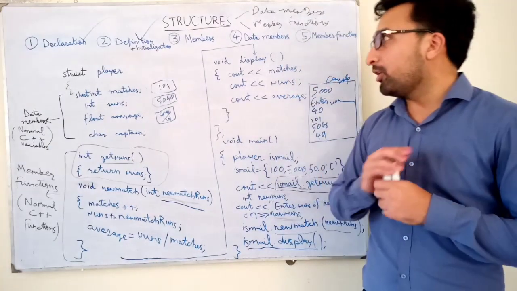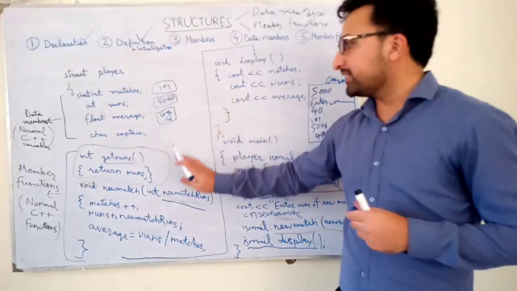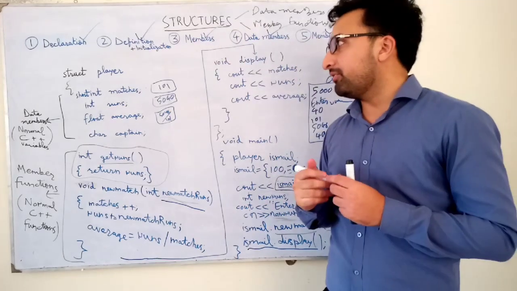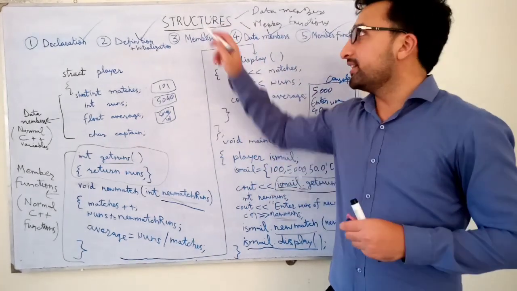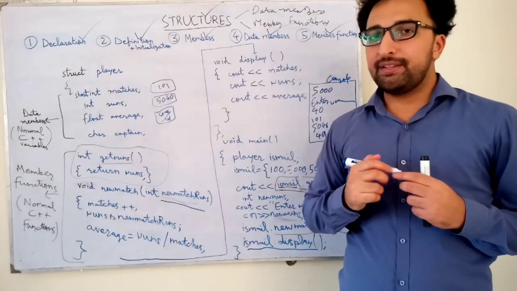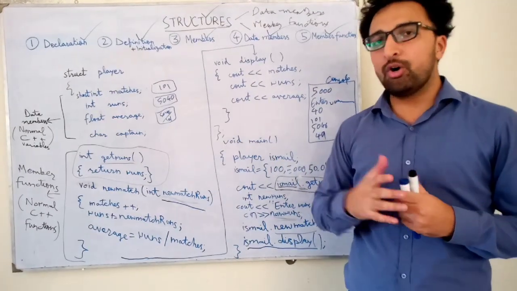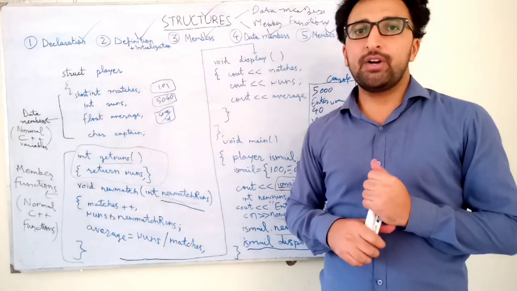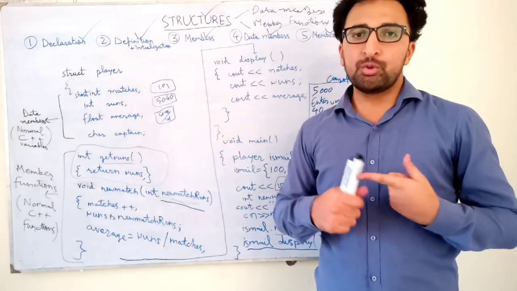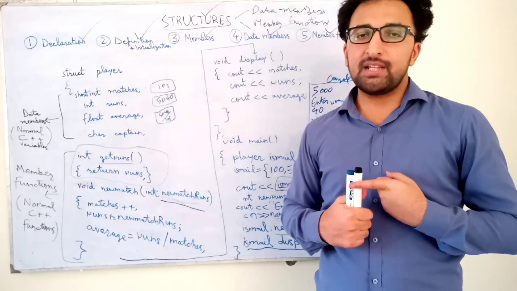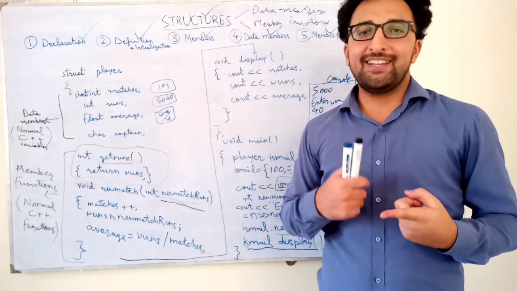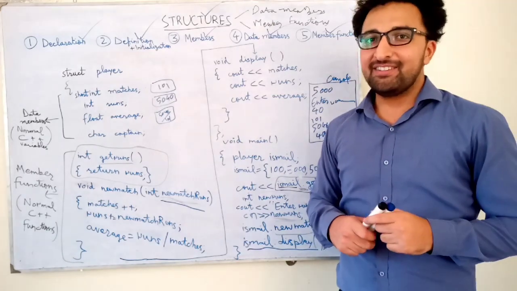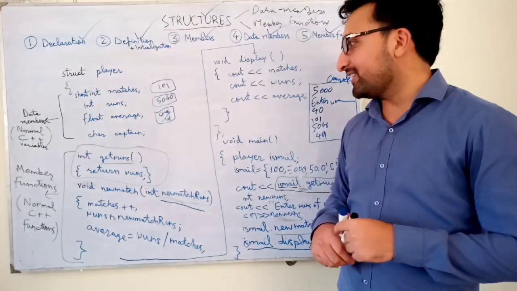So that is how the data members and the member functions work with each other, and they form the members of the structure. Structures are composed of two things: data members and member functions, and the member functions can update the data members present inside the structure.